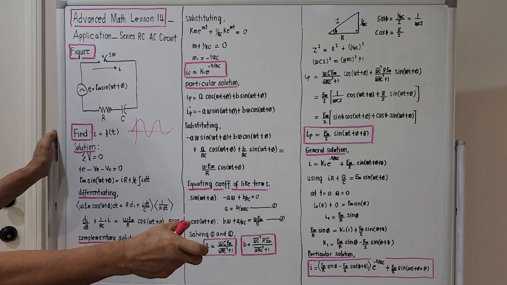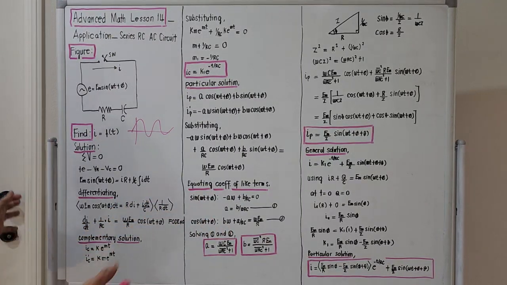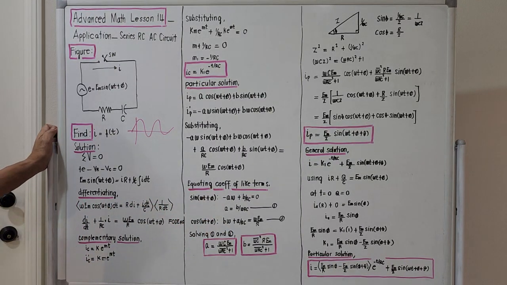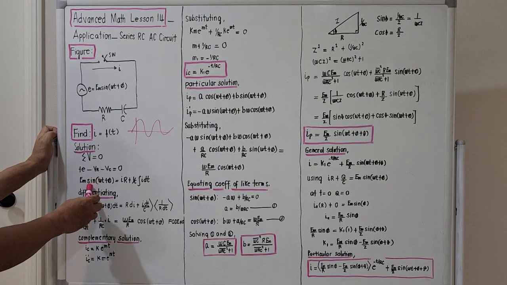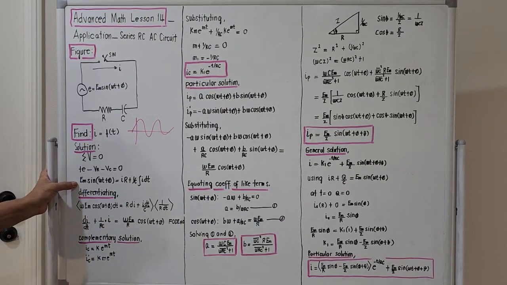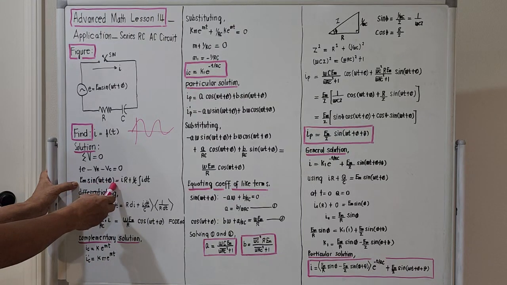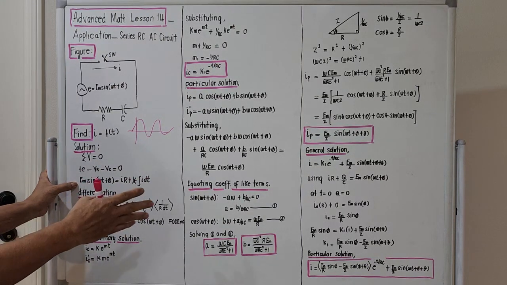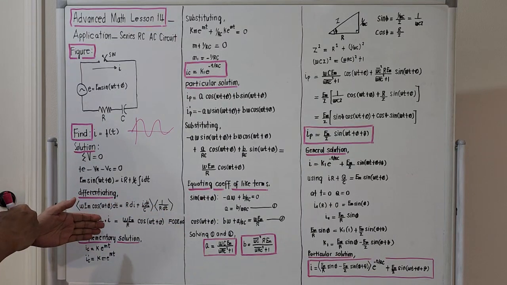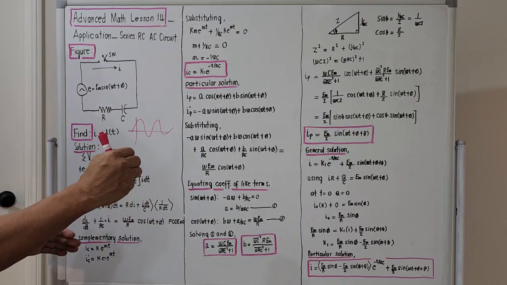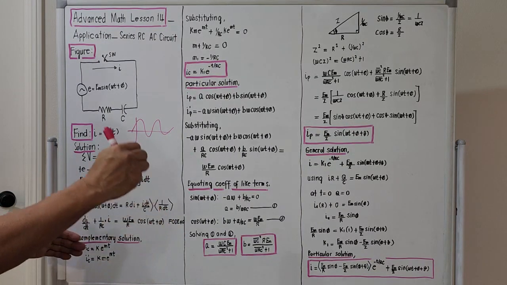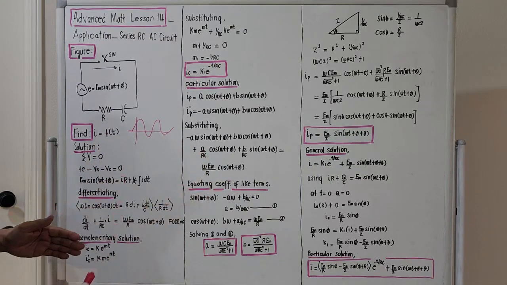Differentiating all the terms, for the left-hand side, this is a sine function. E sub m is constant times the sine of the quantity omega t plus angle P. So we are taking the differential of a constant times a function, which is that constant times the derivative of that function.